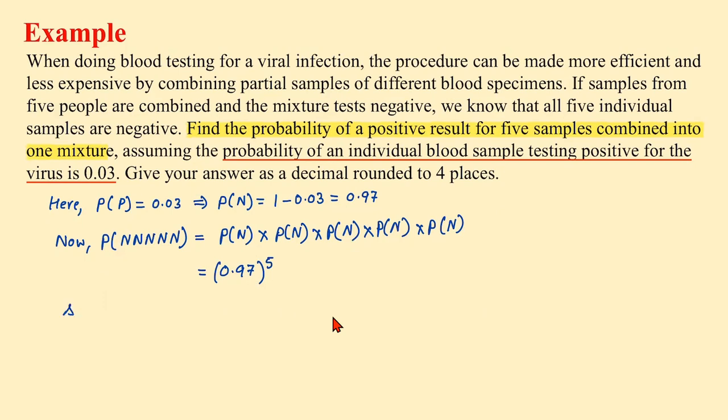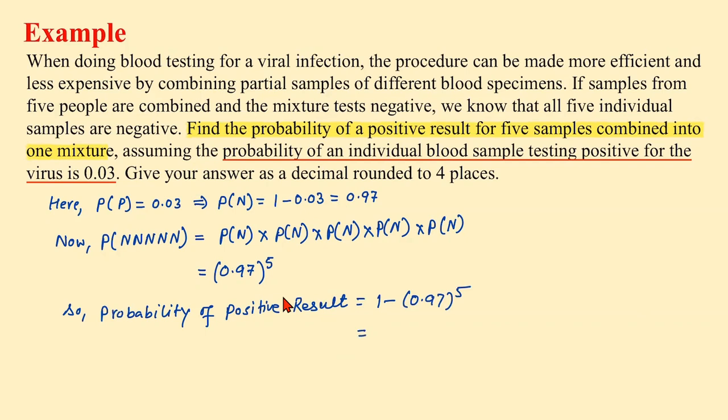So the probability of a positive result will be equal to 1 minus the probability of negative, which is 0.97 raised to 5.